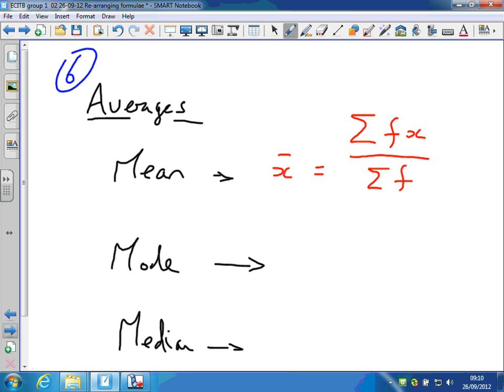So that formula you will come across when you're looking up, if you've not done already, this stuff on statistics. So this symbol means the sum of. And it's a Greek letter, the Greek letter sigma. So if you didn't know that, make a note of it. Sigma fx. Capital sigma, actually.